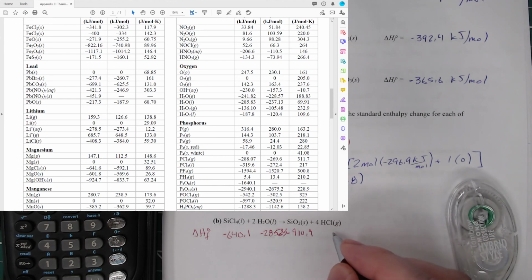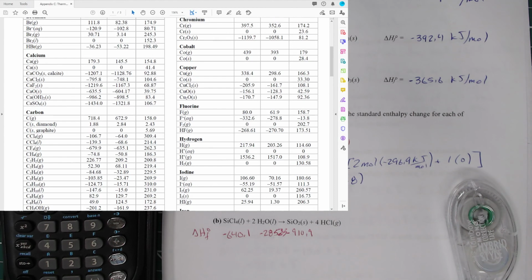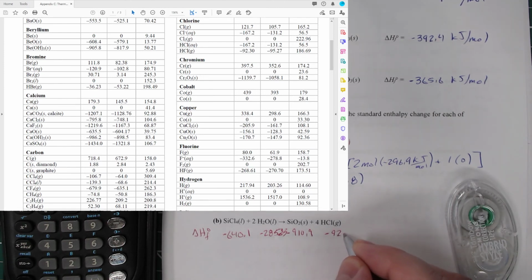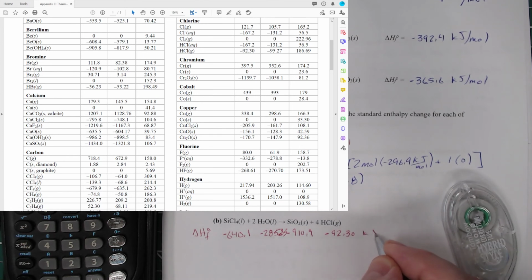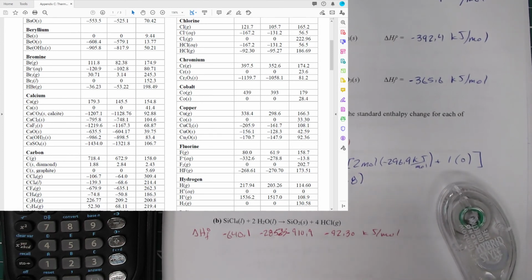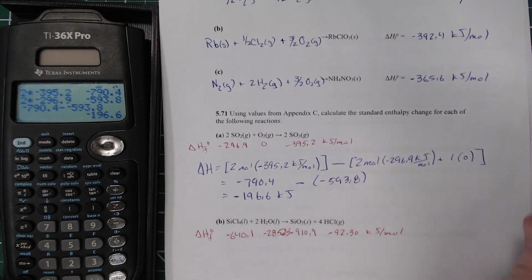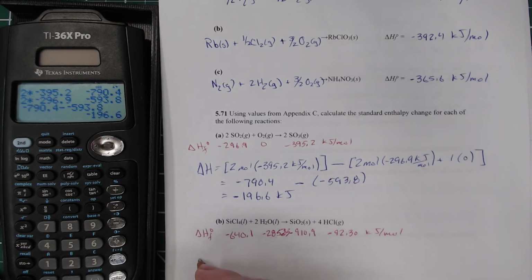And then for the HCl, that's going to be under chlorine. And HCl, and it is HCl gas, negative 92.30. So negative 92.30. And all of those are in kilojoules per mole. All right, now that we've done that, let's get rid of that document.